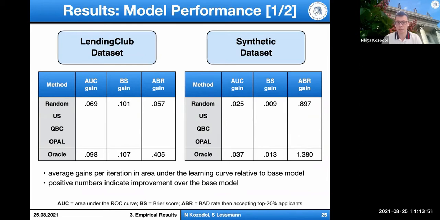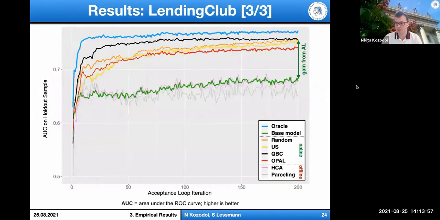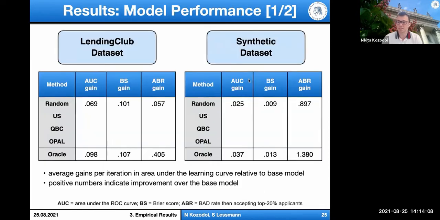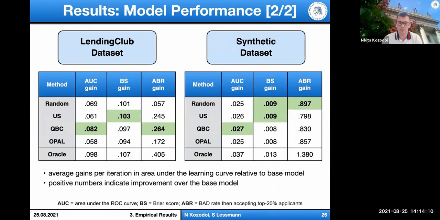So in this table, we measure numbers relative to the base model. So relative to this green line, what is the area under the learning curve in which the active learning method outperforms the base model. So positive numbers indicate that there is an improvement.